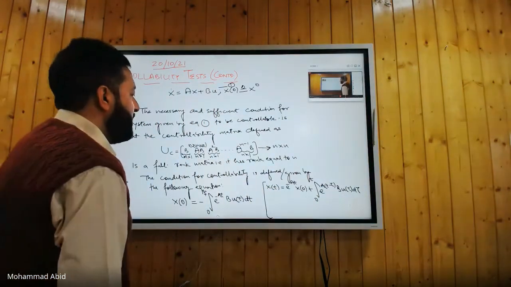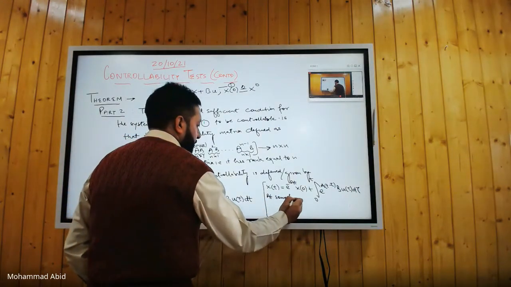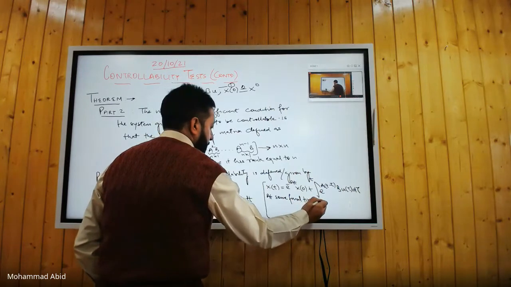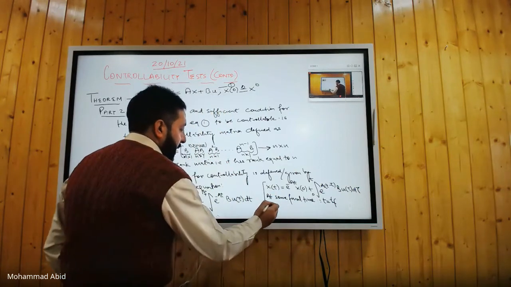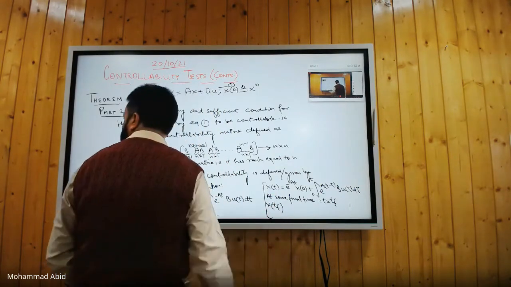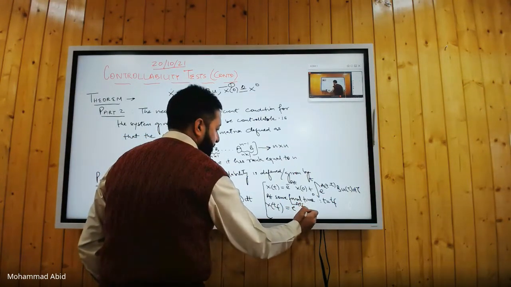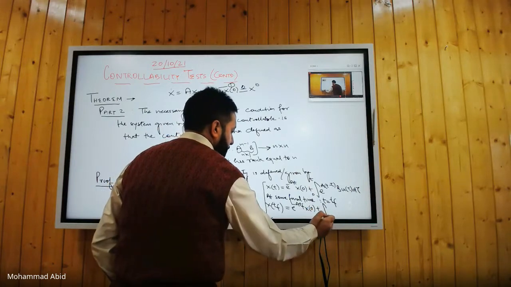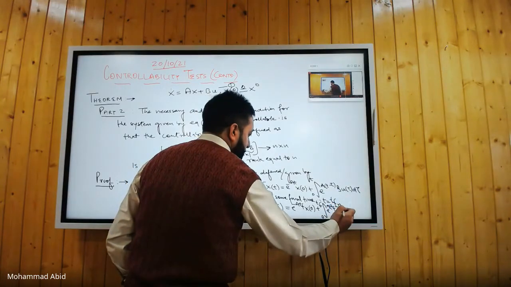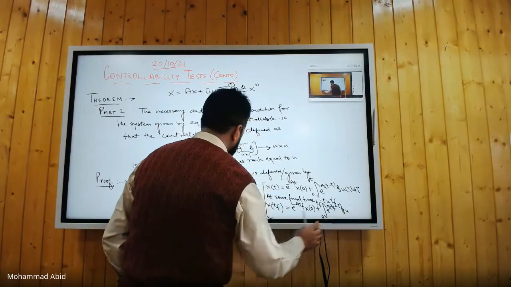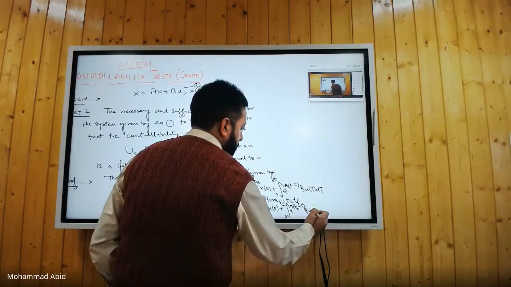Now at some final time t equal to tf, we have x(tf) equal to e to the power A tf x naught plus integral from 0 to tf of e to the power A(tf minus tau) B u(tau) d tau.